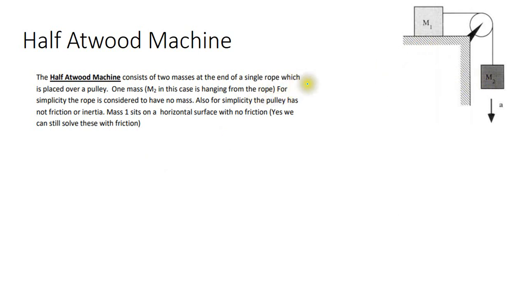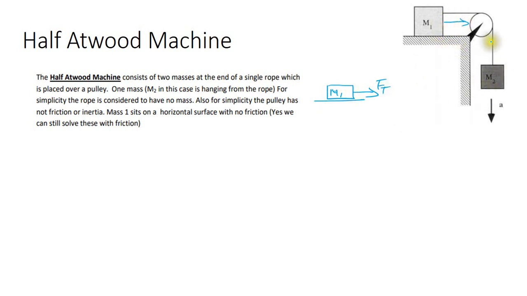What we have to do in this case is look at the forces acting on the system. If we're looking at M1, the only force acting is the tension force, which is pulling the object to the right.